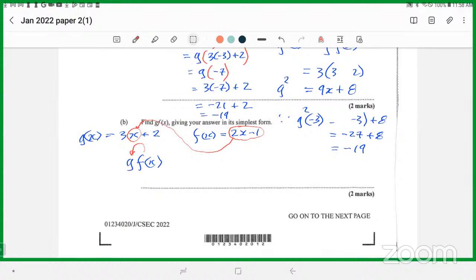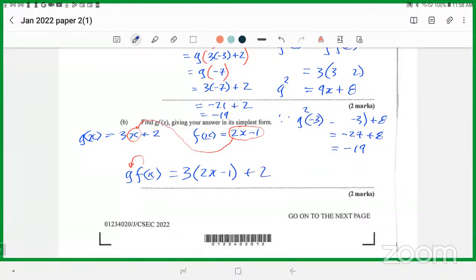Let me shift this down a bit. Our resulting setup is going to be equal to this 3 first. Then where the x is, I'm going to put all of f, which is 2x minus 1, plus back this 2.